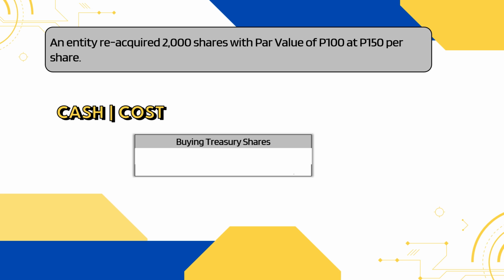Unlike before, for treasury shares, we will always record them at cost or carrying amount of non-cash consideration. So, how do you value your treasury shares na debit? It's not the par value of 100, but it's the cost of 150 times 2,000 shares. So, you will have 300,000 treasury shares. It's 2,000 times 150, debit 300,000.